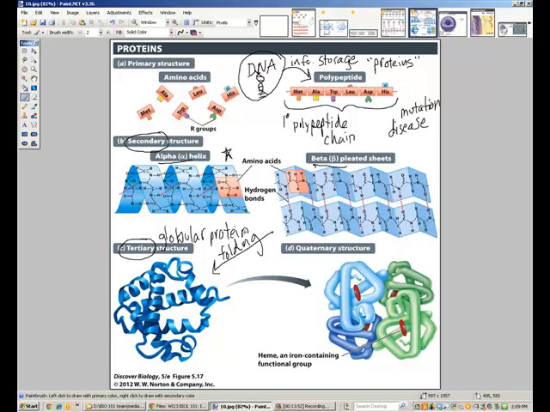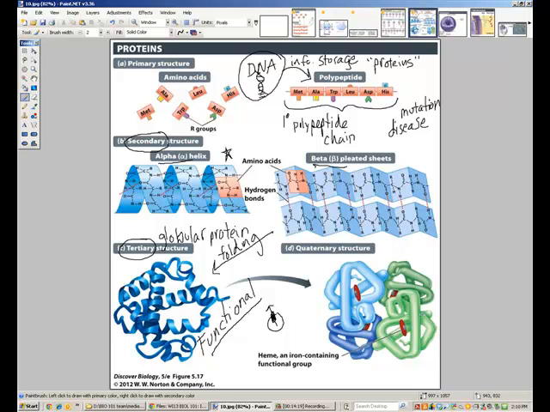So the third level is globular protein, and this is where most proteins are functional. Functional just meaning that it can be sent off to do its job. So if we're looking at a membrane transport protein, that's now ready to get embedded in the membrane so that it can start pumping stuff out or pulling stuff into the cell.